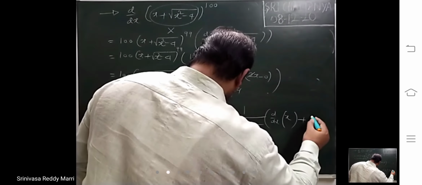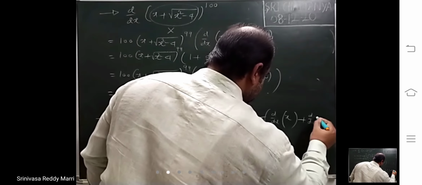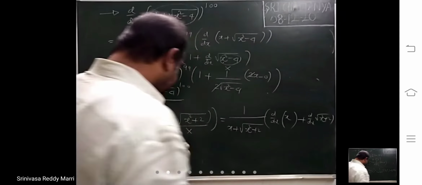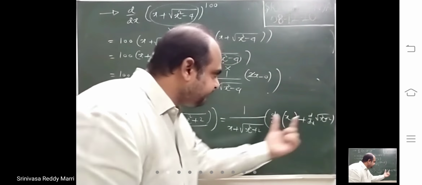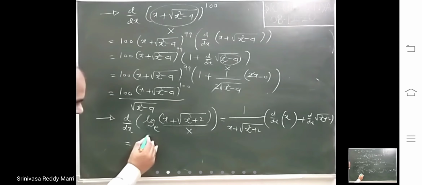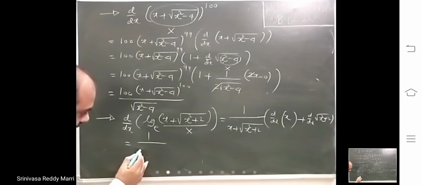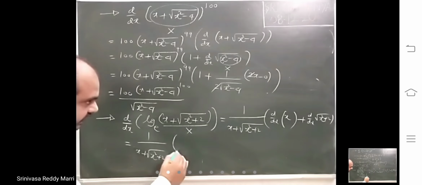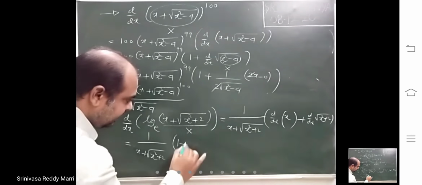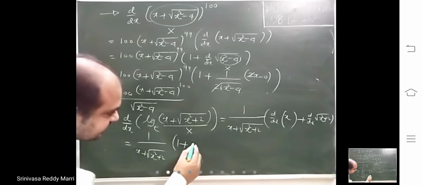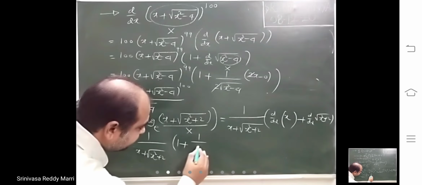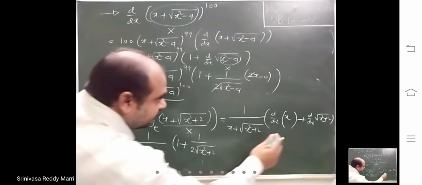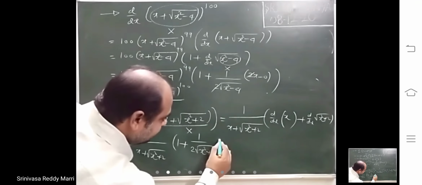I am writing here plus d by dx of X means d by dx of x plus that into d by dx of x is 1. So that is root X. Root X means 1 by 2 root X into derivative of x square, 2x.